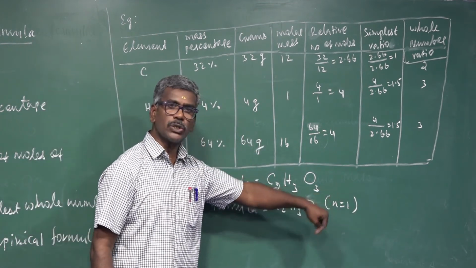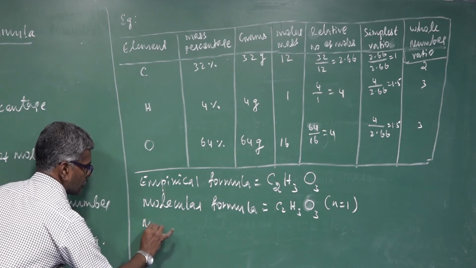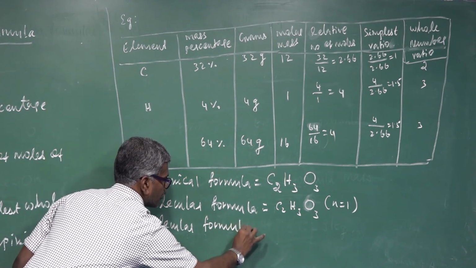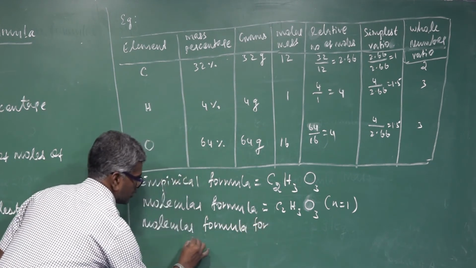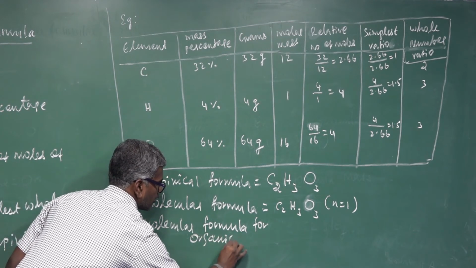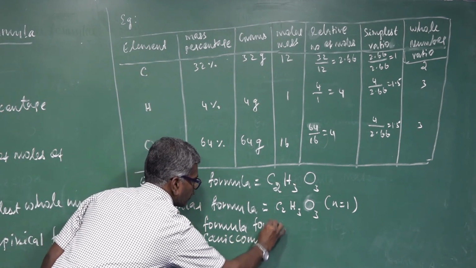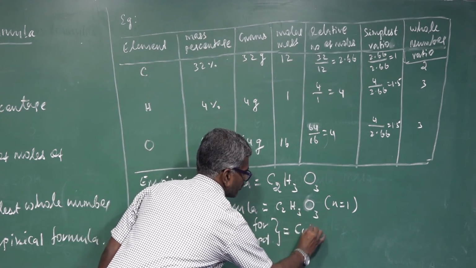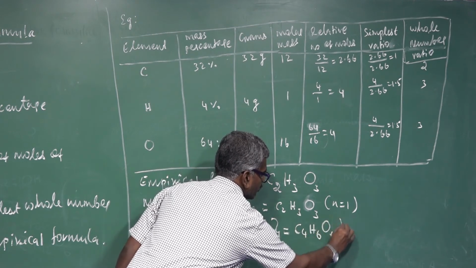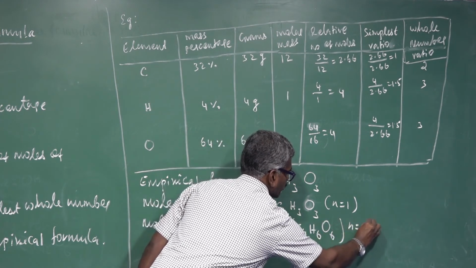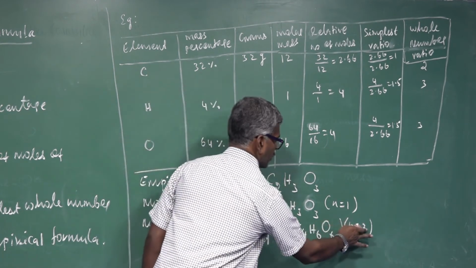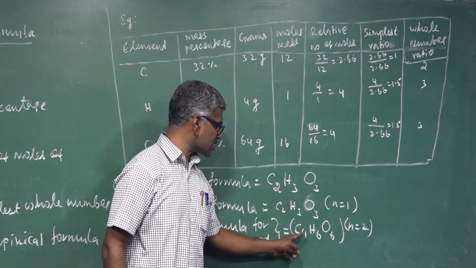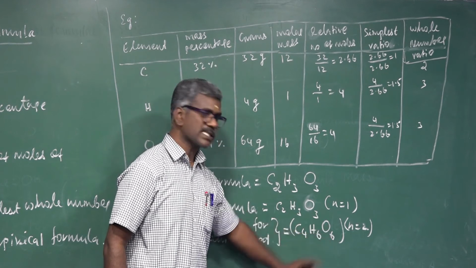Suppose n is equal to 2, this formula becomes C4H6O6.